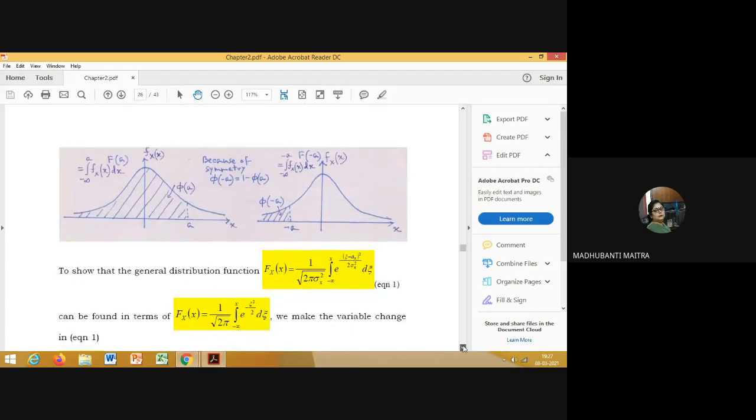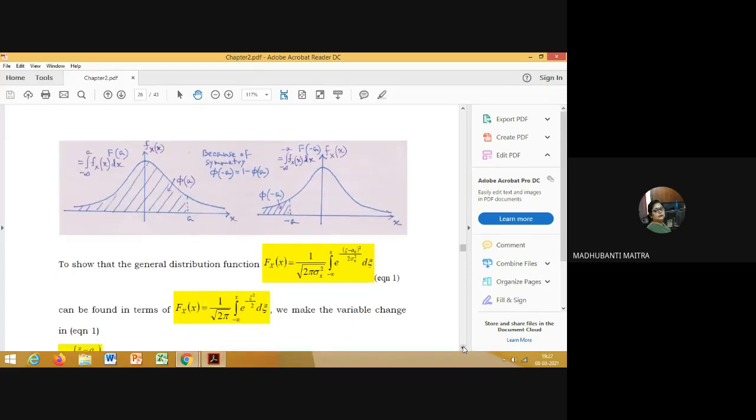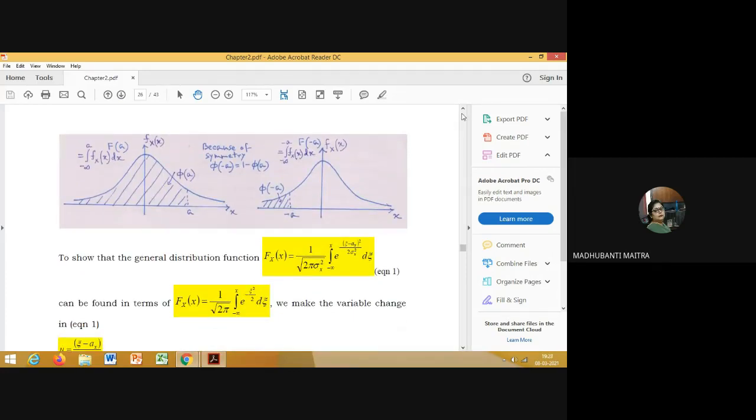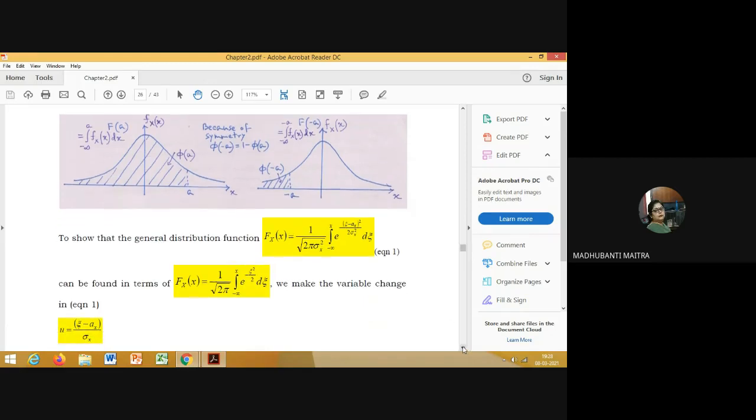Now, actually our aim is to convert this expression of the distribution function to this form, right? Which is basically the normalized form, as we have already seen.